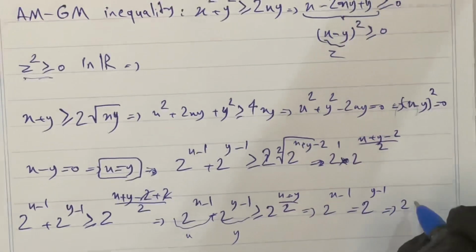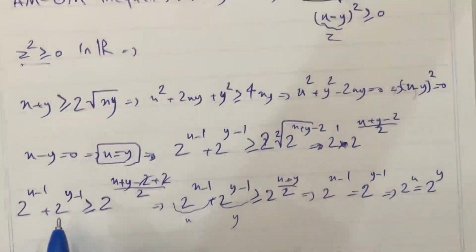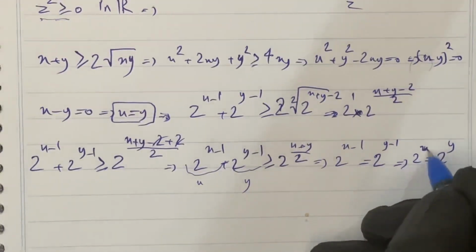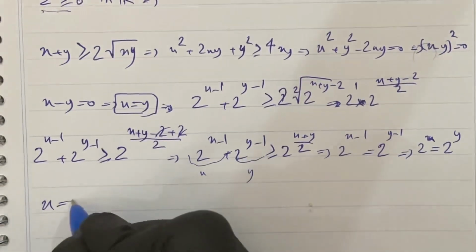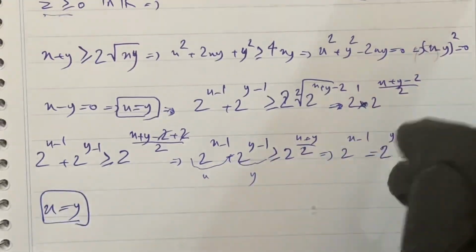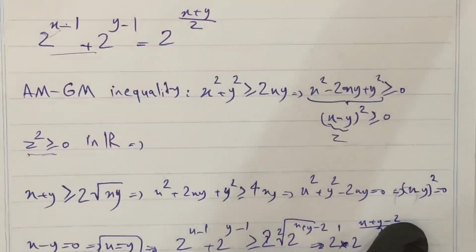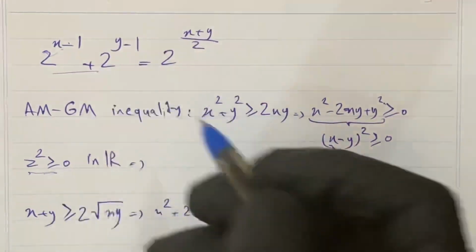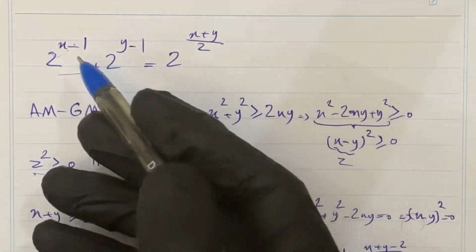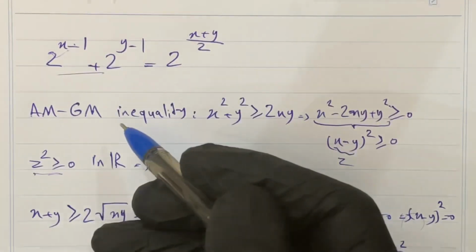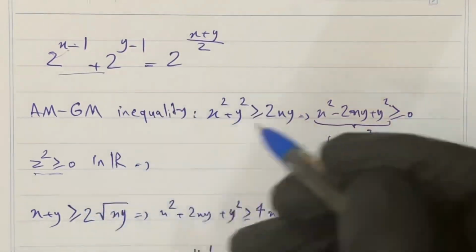That would be 2 to the power of x equals 2 to the power of y, and that will result in x equals y. So our only answers are x equals y, and so we have infinite answers. If you put any number here, you will get this answer.